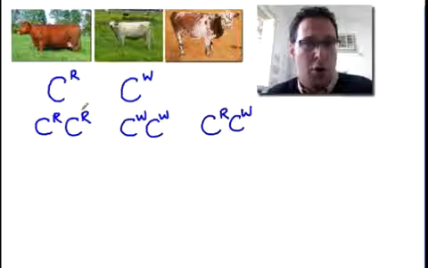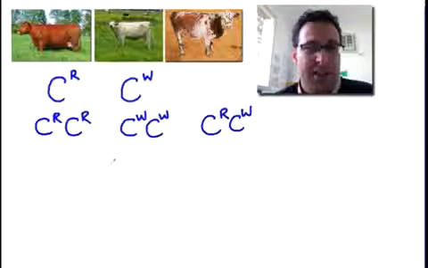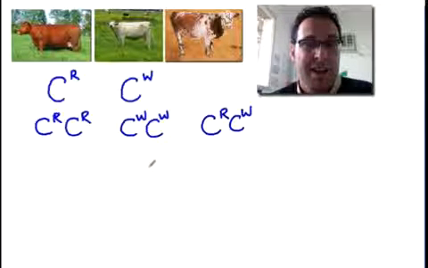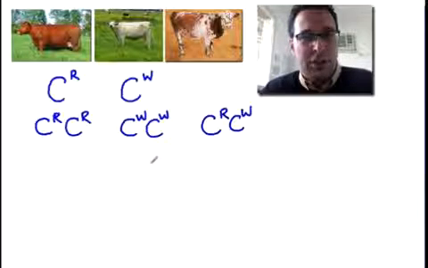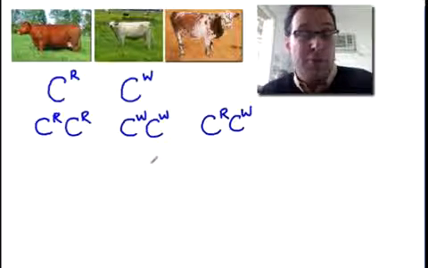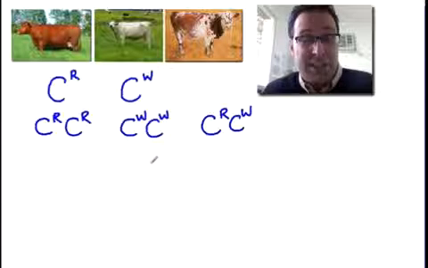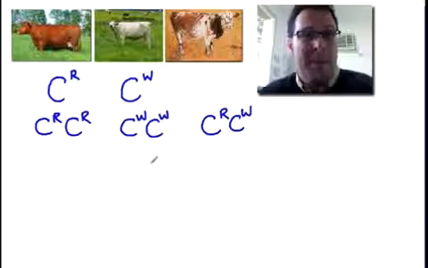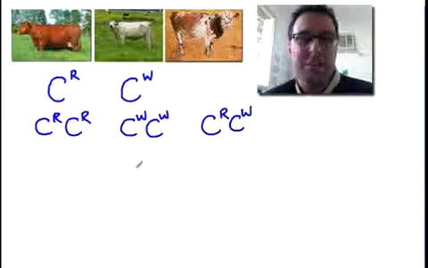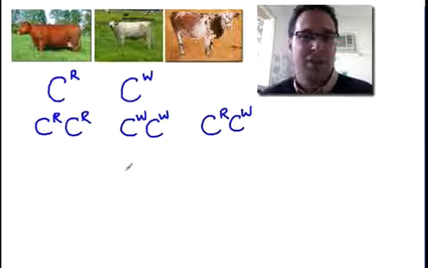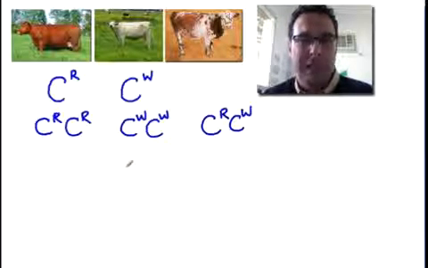We call it codominance. In reality, though, there's no real difference between codominance and incomplete dominance, because even if its hair was pink, if you were to look at those hairs at a molecular level, there would be red proteins and white proteins, red pigments and white pigments side by side. There would be no pink pigments. So the term incomplete dominance is really an old-fashioned term from before people understood what was really going on.